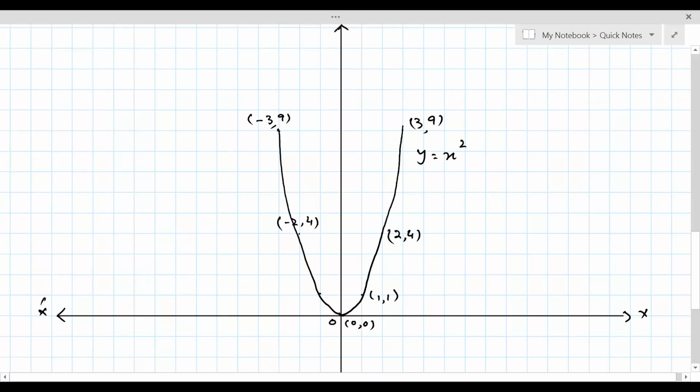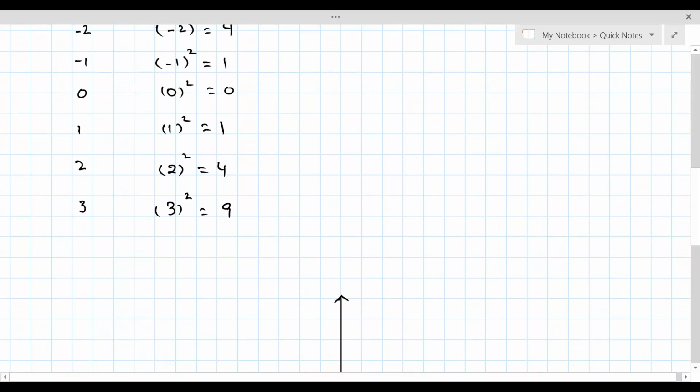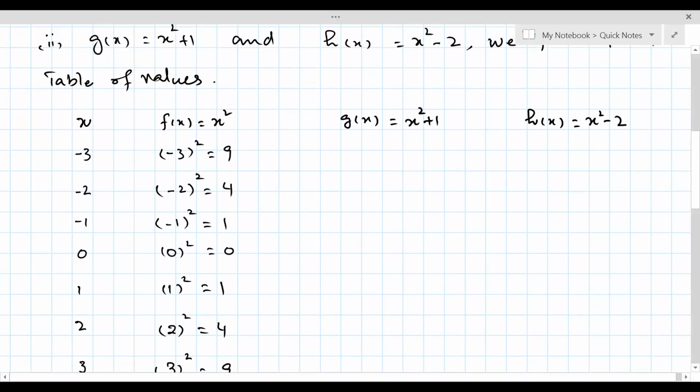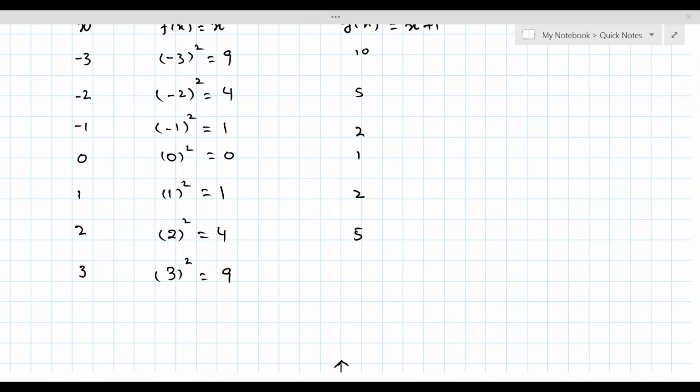Now if we want to draw the graph of its vertical shift, which is y is equal to, g of x equal to x square plus 1, we are simply going to increase every value by 1. So this will become 10 here, this will become 5, this will become 2, 1, 2, 5, and 10. So this is 10.